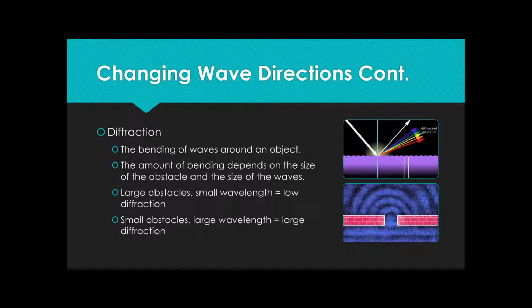It's kind of diffracting all of the light waves. The bottom picture is showing a large obstacle, and it's got a low diffraction, so it's not bending all of the waves, but you can see it's changing the direction. So instead of going out in a circular motion, now it's going out in a parallel motion below the object.